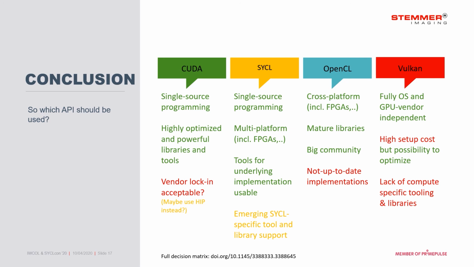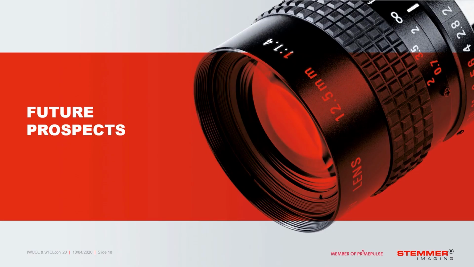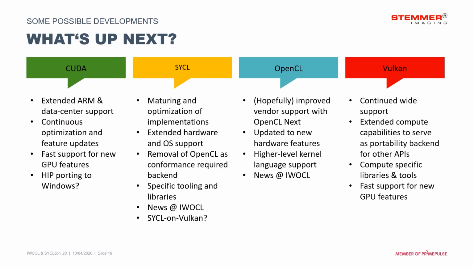Speaking of the future, I want to present some future prospects as well to conclude. For CUDA, I expect that it will stay one of the most innovative APIs because it's directly developed by NVIDIA. I think that new GPU features will directly get supported in CUDA.